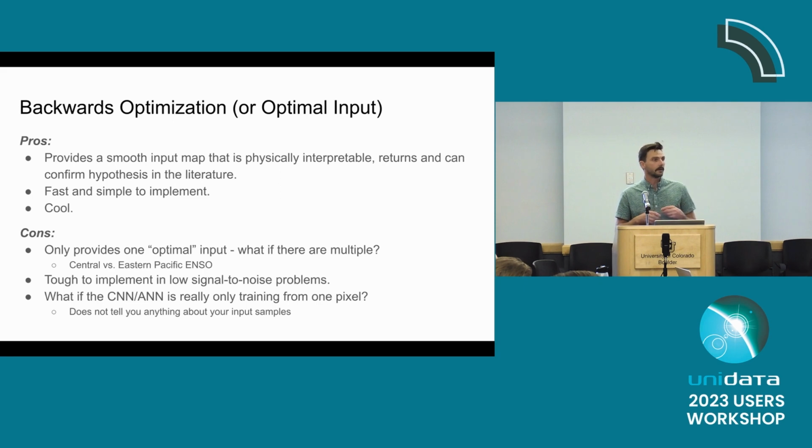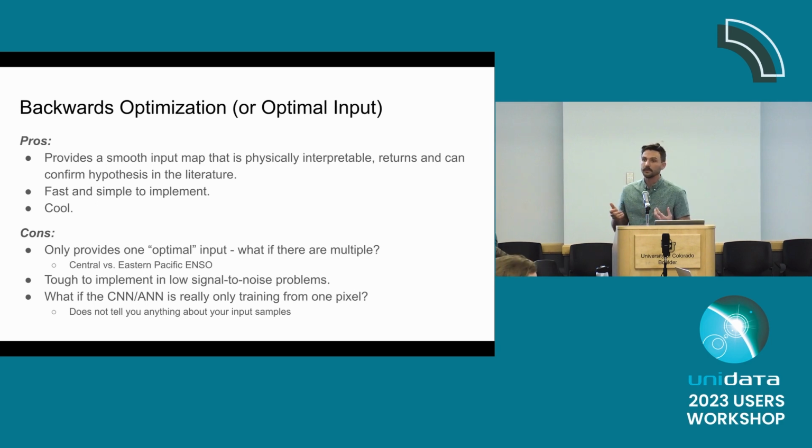And also, one way to fine-tune your network, and it goes back to what Kirsten was saying, that you can use these methods to actually think about the architecture and the choices you've made, is what if the CNN or ANN is really only training on one pixel or one really small region? And when that lights up, your optimal input would just be one pixel or one hot or cold thing.